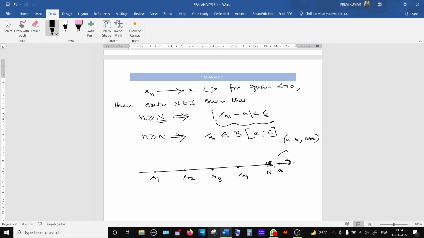After this N, all the sequence elements are inside this open ball. That is the meaning. So this is how we understand the limit of a sequence and relate it with open balls.